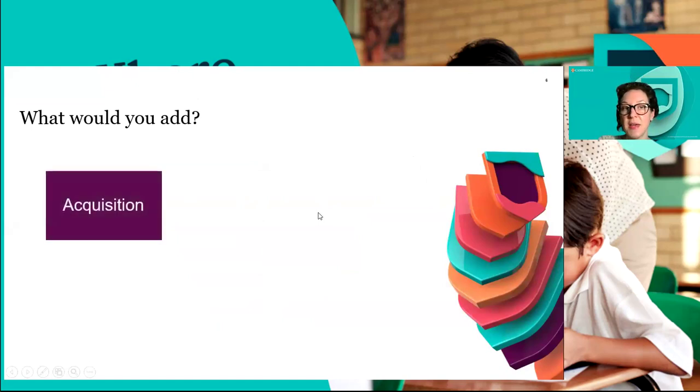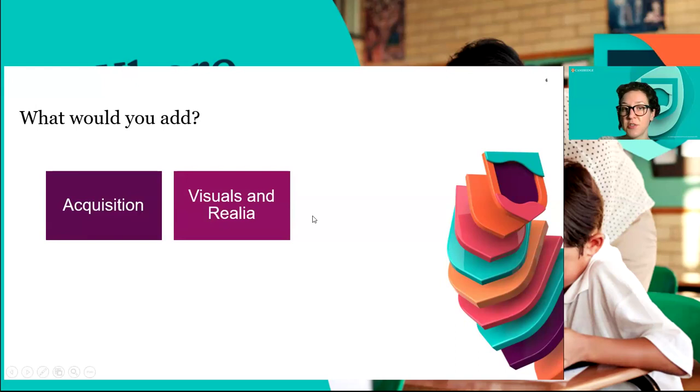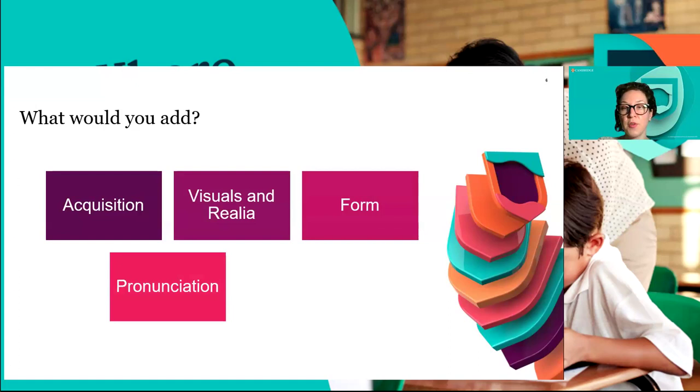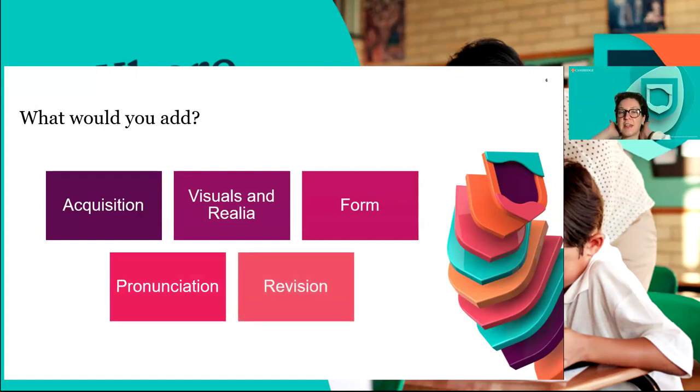And let's look at the main stages. I have here acquisition of the new vocabulary, then visuals and realia. Then we are working on the form of the new vocabulary. After that, pronunciation, and then revision, recycling, and this is the most important thing, to revise, to recycle all the time, not to expect that students are introduced to new vocabulary and then they have to learn it somehow, right?